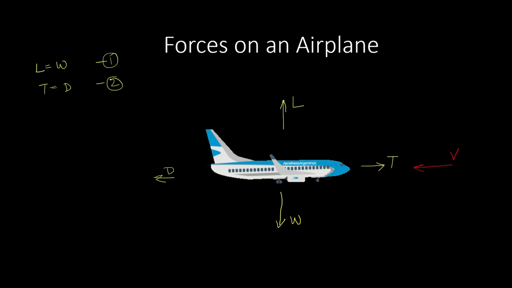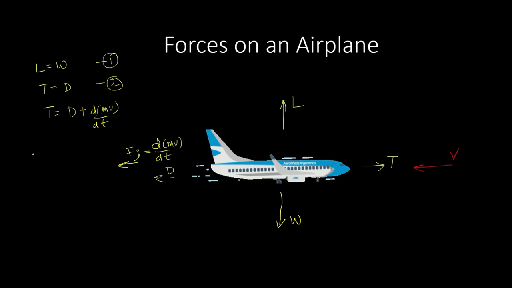And let us say that if the aircraft is accelerating, in that case there will be an extra inertia force which will be acting backwards. This inertia force would be equal to d(mv)/dt. We know that inertia is equal to rate of change of momentum. In such a case, our second equation will change to thrust is equal to drag plus d(mv)/dt.